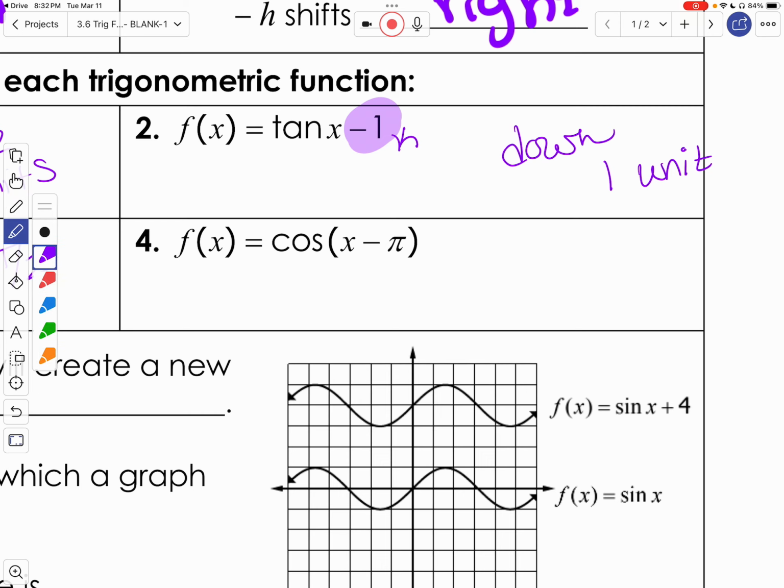If we look at number 4, notice that your pi is hanging out with your x. It's got its own little friend group, which makes it a liar. Where it looks like it's supposed to go in the negative direction, which is left, this one's really going to be moving to the right pi units.